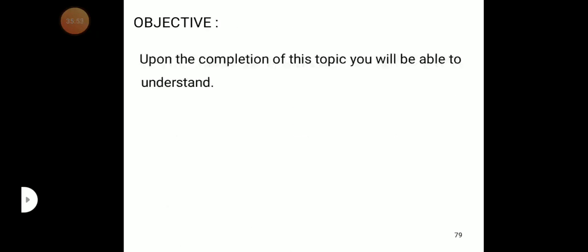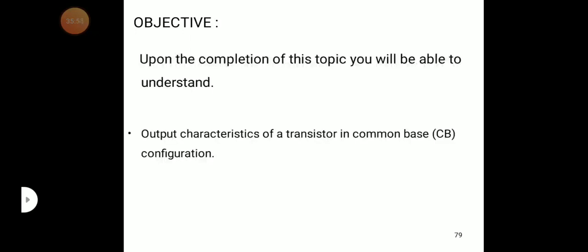So now we try to discuss the output characteristics of a transistor in common base configuration. Until now we discussed the input characteristics of the common base, which are similar to the PN junction diode forward bias characteristics.